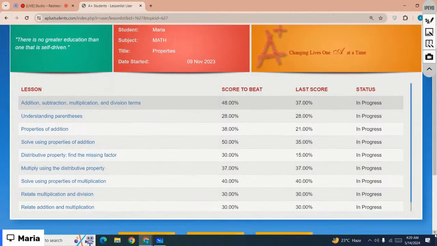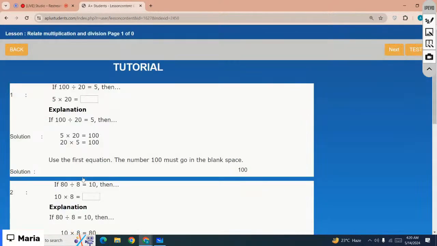The next one is relate multiplication and division. So basically, multiplication and division are opposite to each other, right? 100 divided by 20 equals 5.